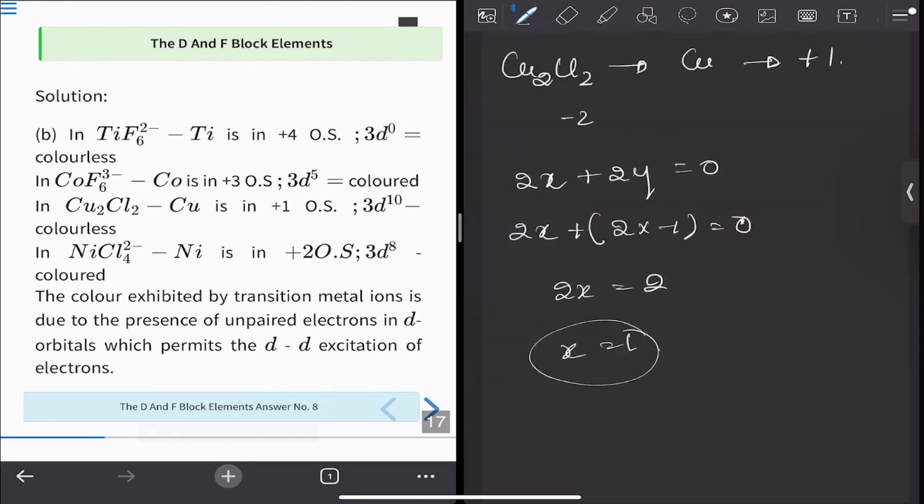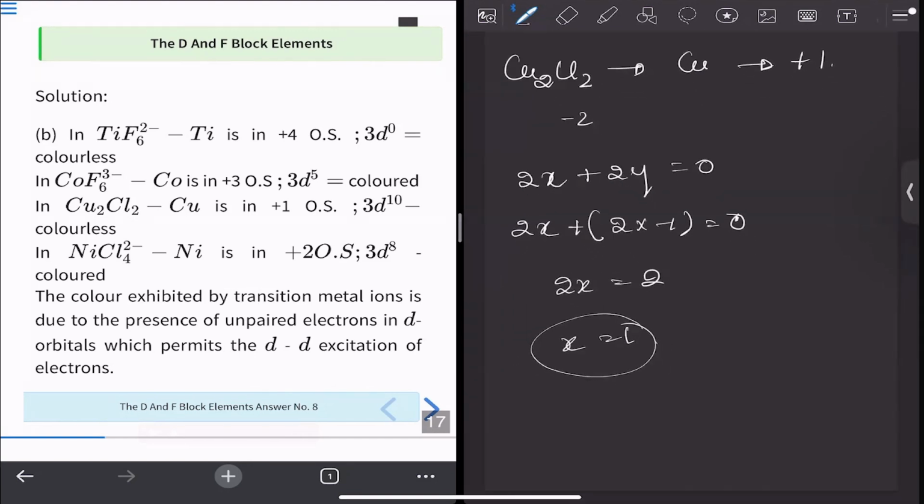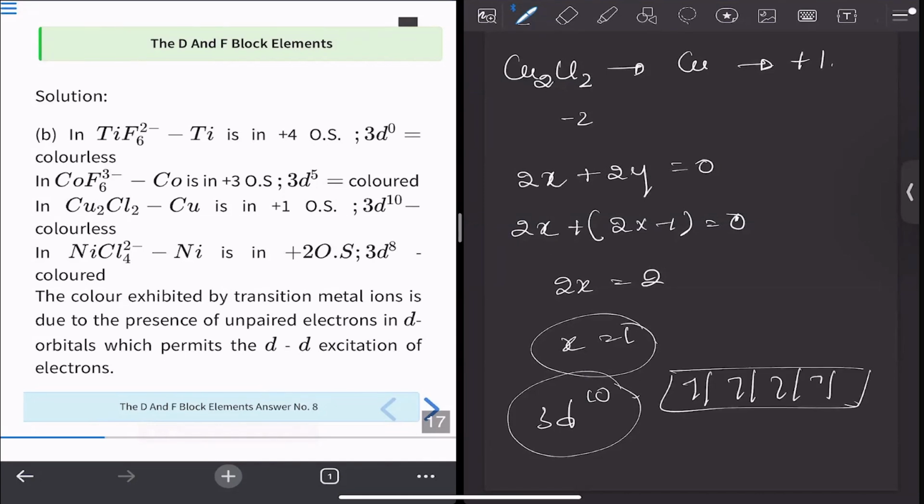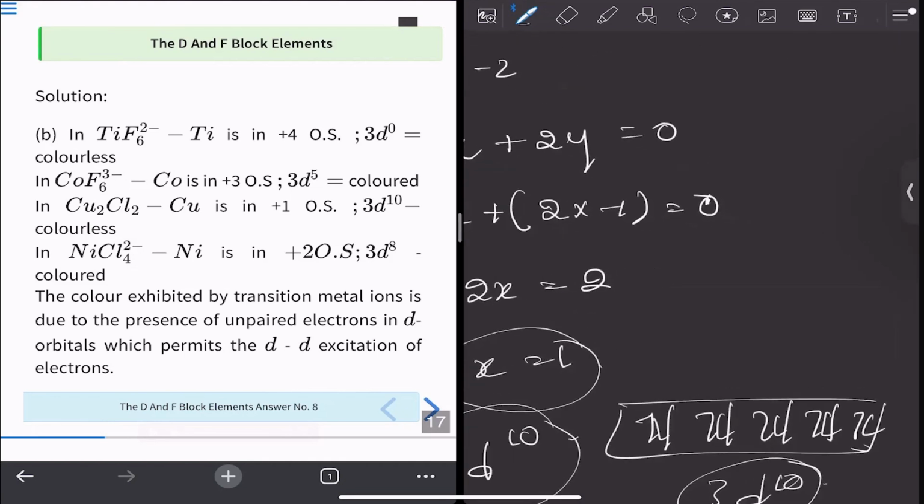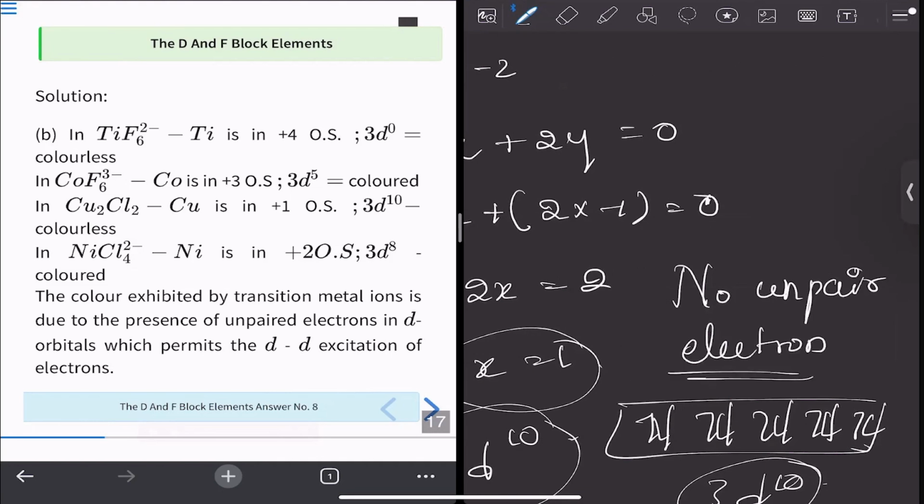If copper is in the plus 1 oxidation state, there will be a 3d10 configuration in copper. As the 3d10 configuration is there, there is no unpaired electron, so no color.